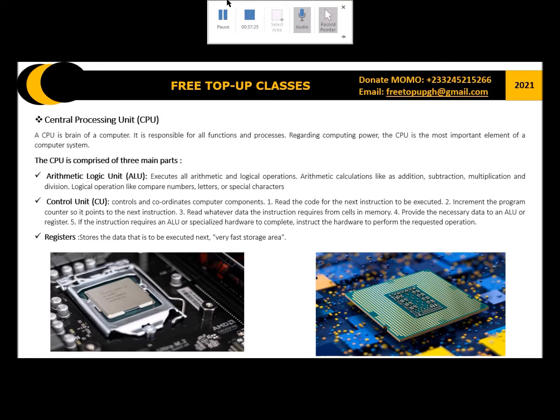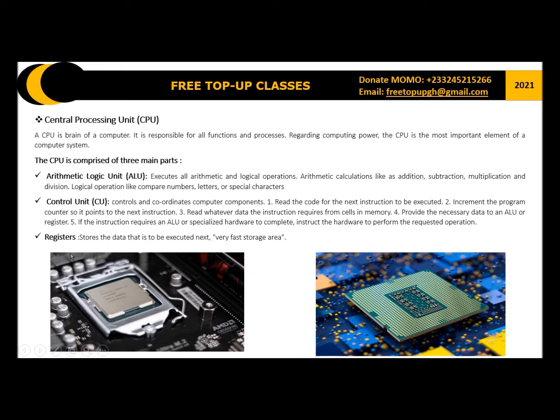Fifth, if the instruction requires an ALU or specialized hardware to complete, it instructs the hardware to perform the requested operation. Alright, so that is the control unit, CU, for you. It controls and coordinates computer components.